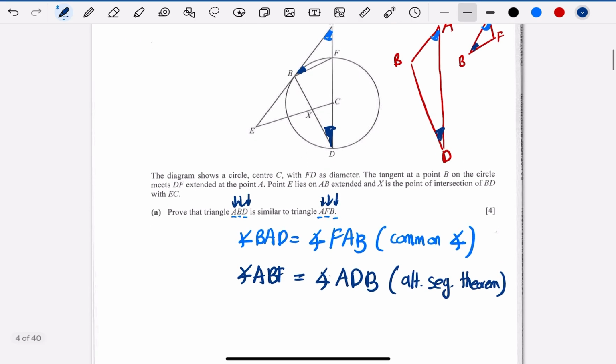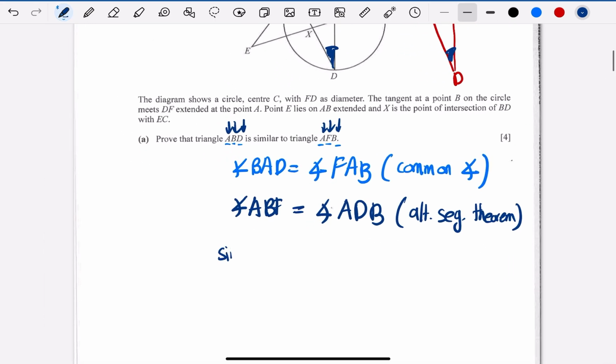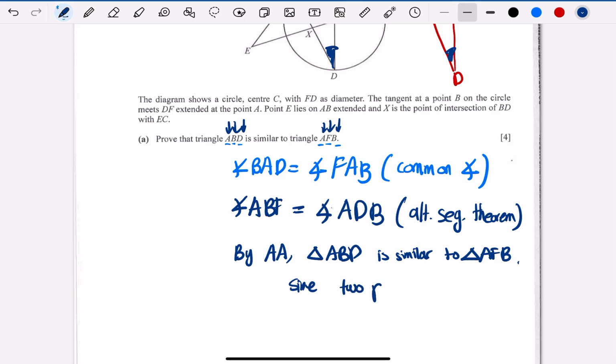Then since they have two common angles, by AA, triangle ABD is similar to triangle AFB, since two pairs of angles are equal.